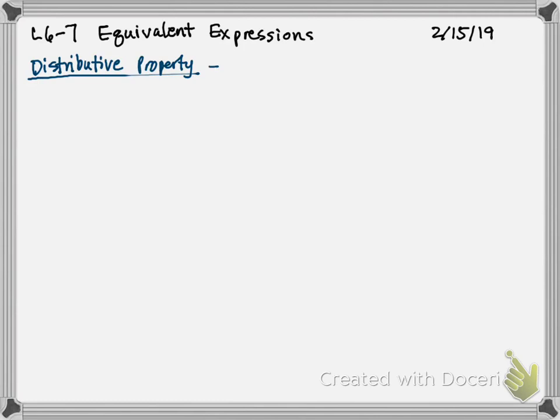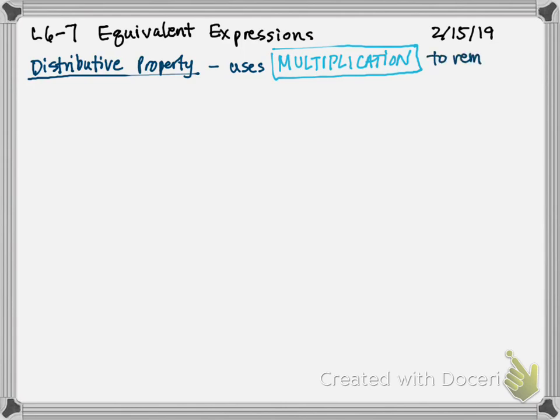So the thing about the distributive property is it uses multiplication to remove parentheses. That's the whole point behind this, to get rid of the parentheses.